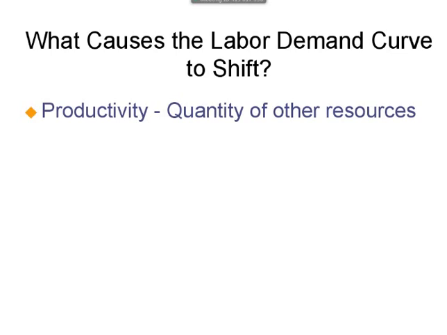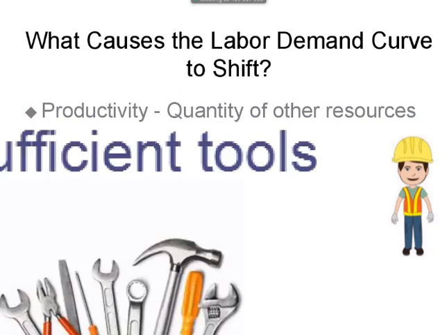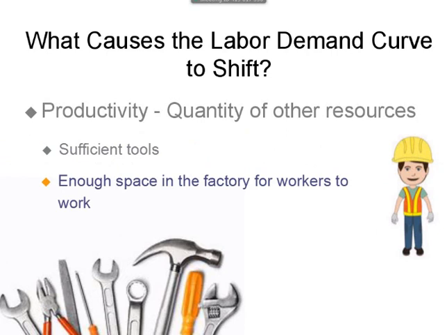Okay, quantity of other resources. So if you have other resources such as tools or office space, sorry, factory space, and if those are given enough, then what happens? Again, productivity by the workers increases. Now, why am I saying that?